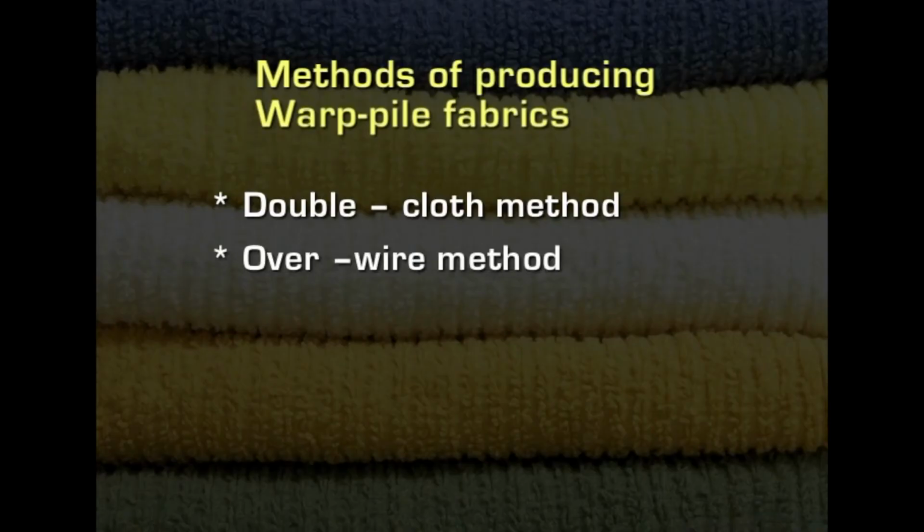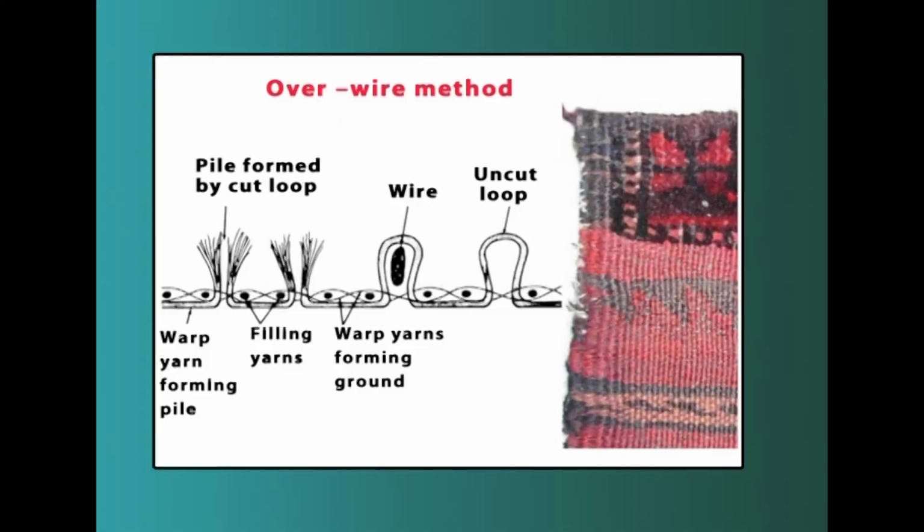And then coming to the second method, that is the overwire method. In this, a single cloth is woven. The weaving here employs wires that are placed across the width of the loom, over the ground warp and under the pile warp, and the size of this wire is determined by the depth of the pile to be produced.